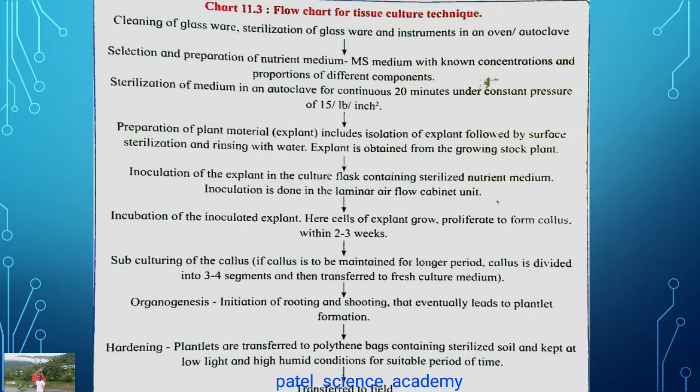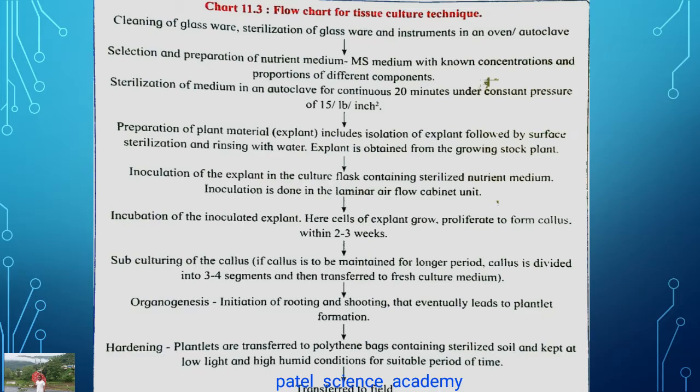If it is callus culture, it means the nutrient medium is solid. If it is suspension culture, it means the nutrient medium is liquid. Maintenance of the aseptic condition, dear students: aseptic condition is so essential to avoid contamination by other harmful microorganisms, and it is accomplished by the sterilization of the glasswares, as I told you earlier.